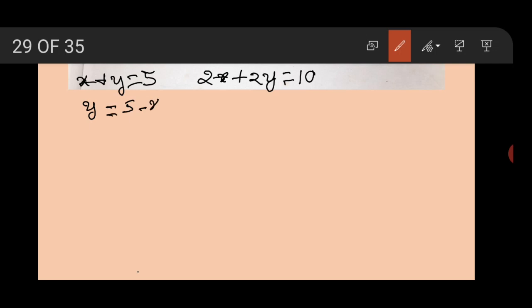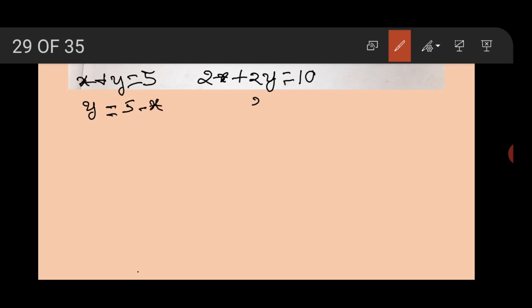Here the first equation is x plus y is equal to 5. Another equation is 2x plus 2y is equal to 10. So here find the value of y. What is the value of y? y is equal to 5 minus x.